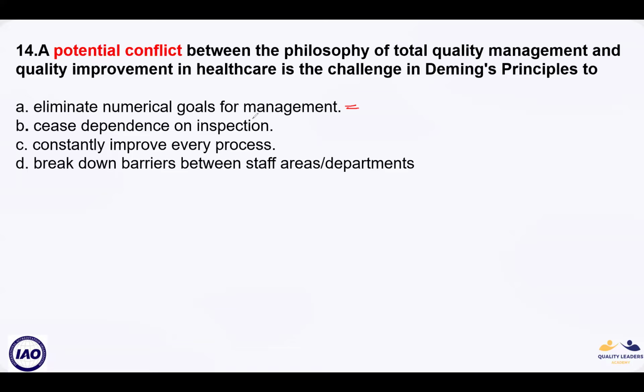Okay. The TQM ideal is prevention and built-in quality. The practical reality in healthcare is that we still rely on inspection and checking. So this is a sort of challenge to Deming's principle as well. This also directly clashes with how healthcare often does quality. Deming talks about ceasing dependence on inspection, but healthcare still does this particular thing.